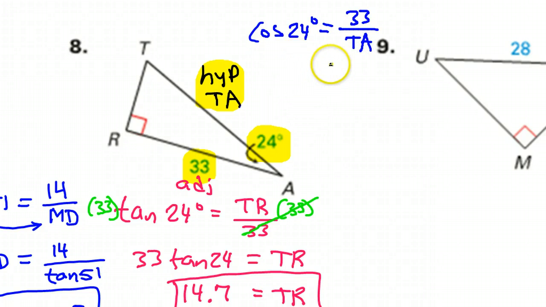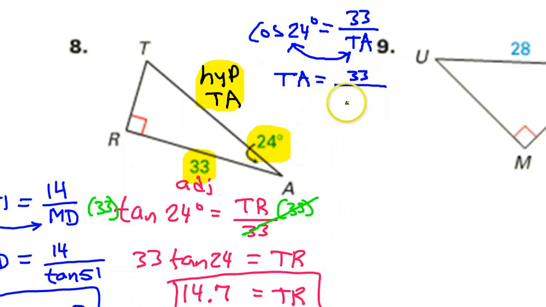Now, is this one of those problems where I'm going to do that swap thing, or is it one of those problems where I'm going to multiply on both sides? Swap thing, because when the variable is in the denominator, it's helpful to swap these because then the variable is by itself immediately. So TA is equal to 33 over cosine 24.